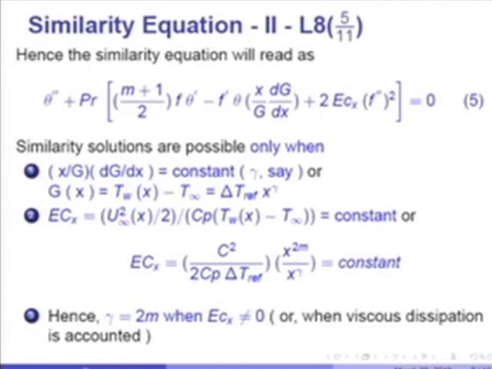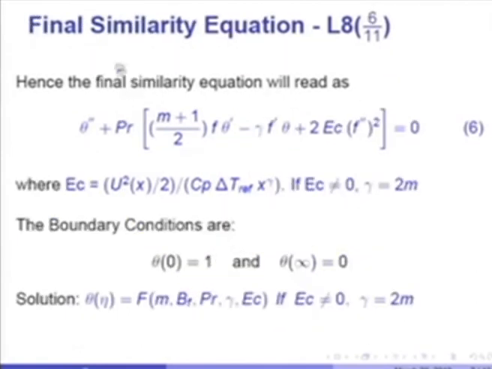So, these are then the conditions for existence of similarity solution: the wall temperature variation must follow this law, must be proportional to x raised to gamma, and if E C x is included, then gamma must equal 2m.